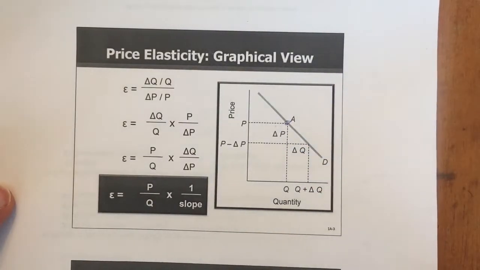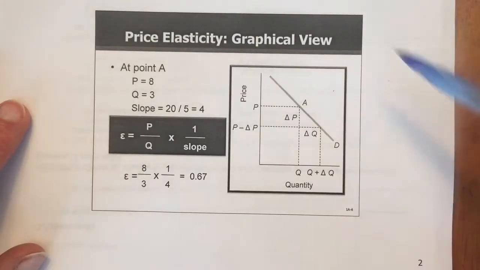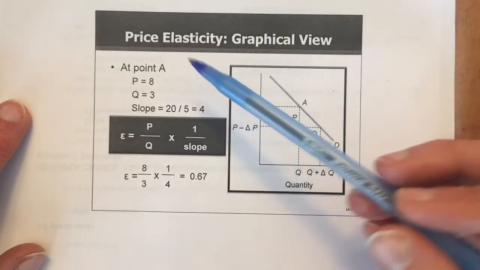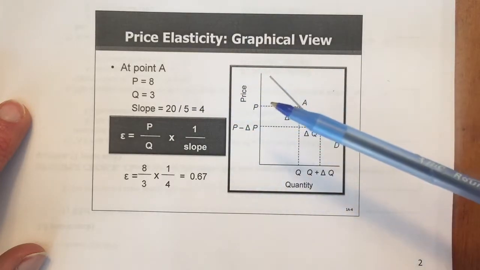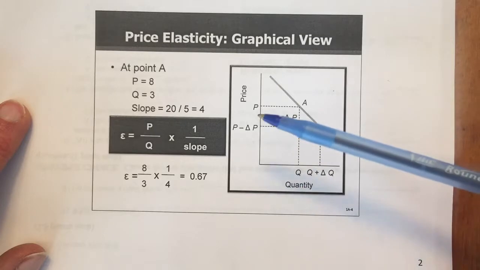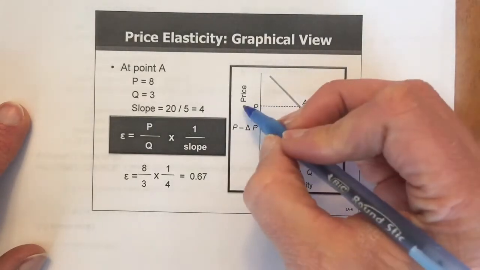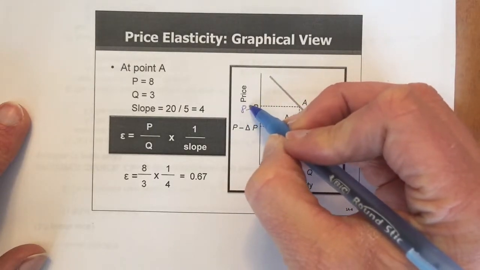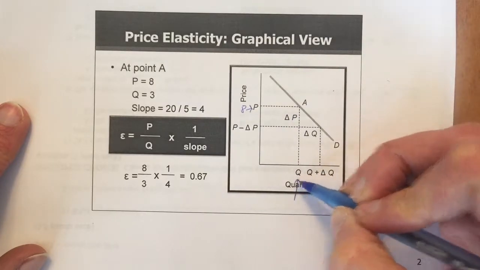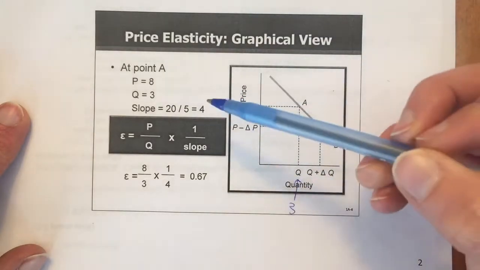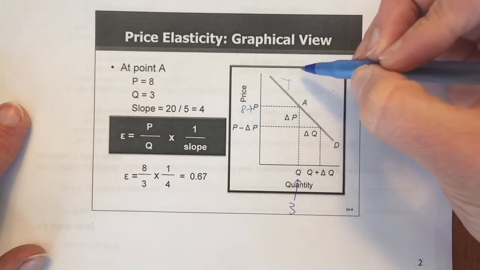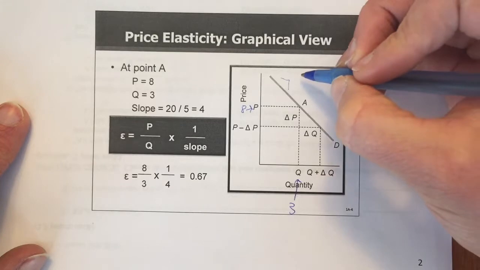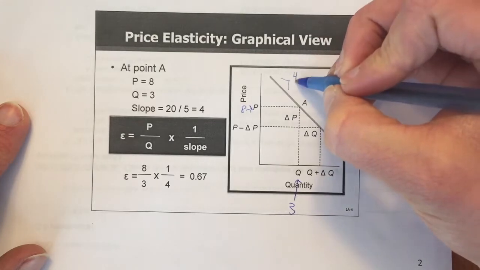So now let's go ahead and do that. If we have some particular point A, and to put numbers in here, the price is 8 right here, the quantity is 3, and the slope, the rise over run, is equal to 4.